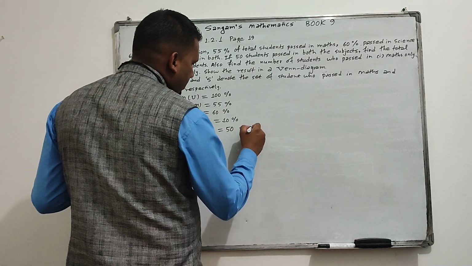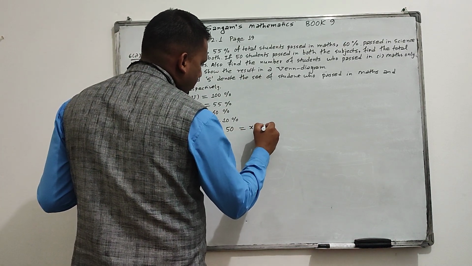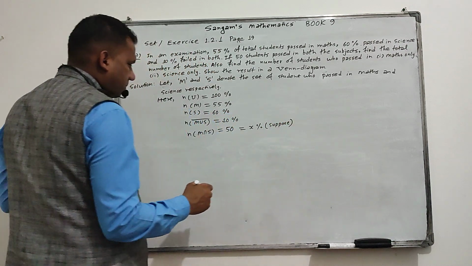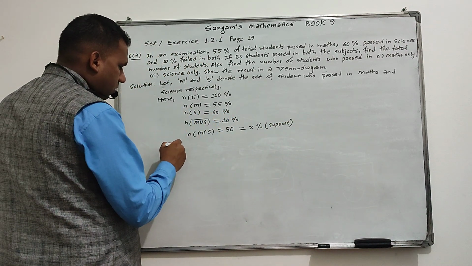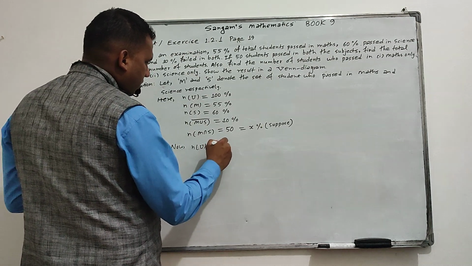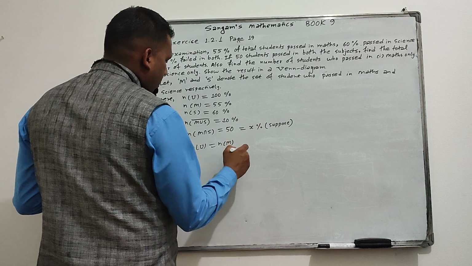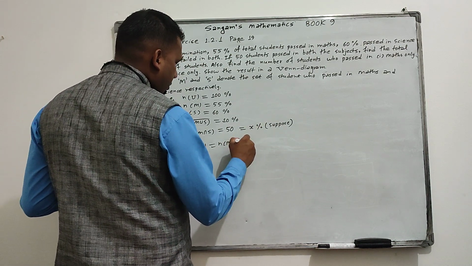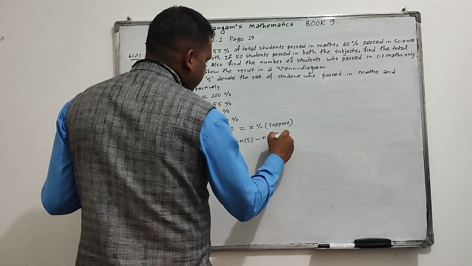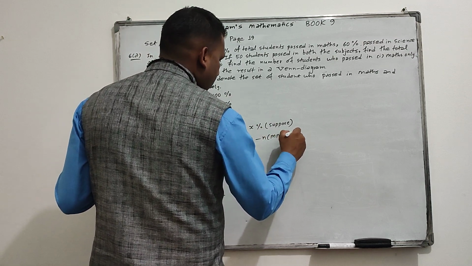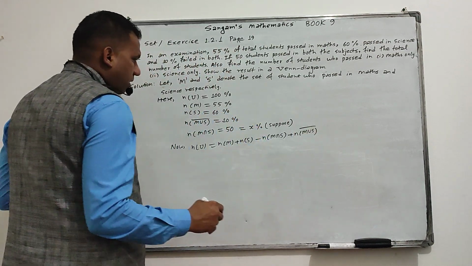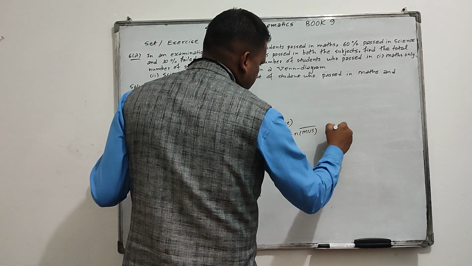This equals X%, suppose. Now using the formula, number of U equals number of M plus number of S minus number of M intersection S plus number of (M union S) whole complement.